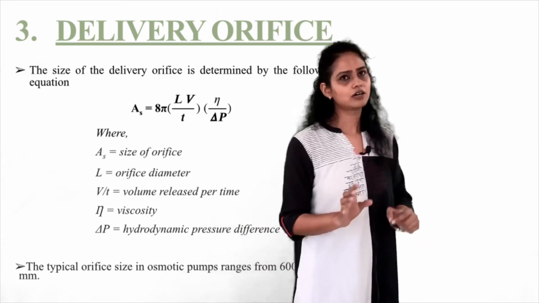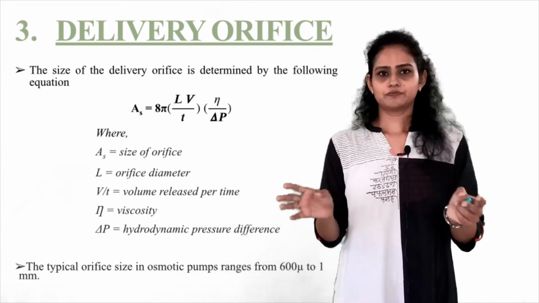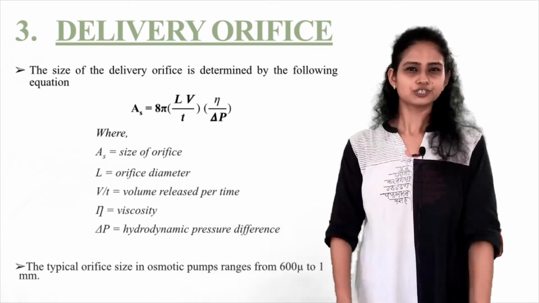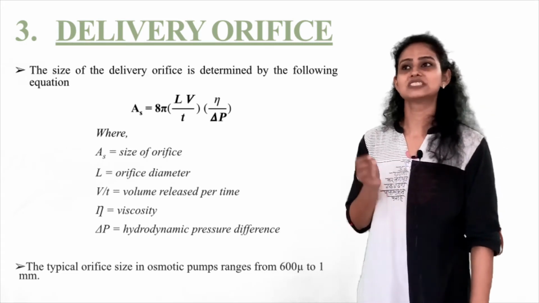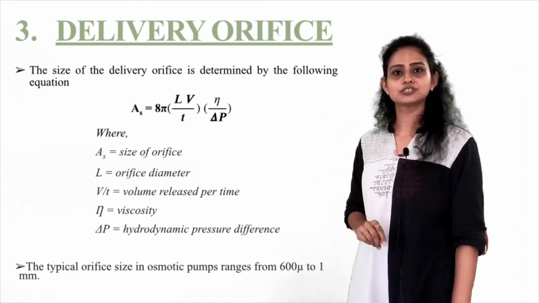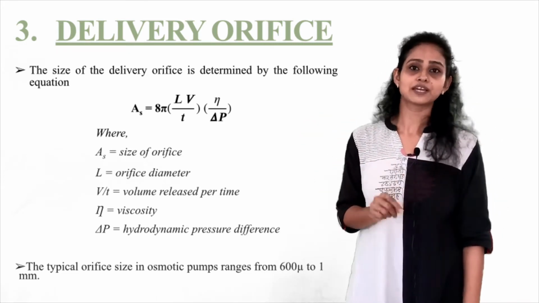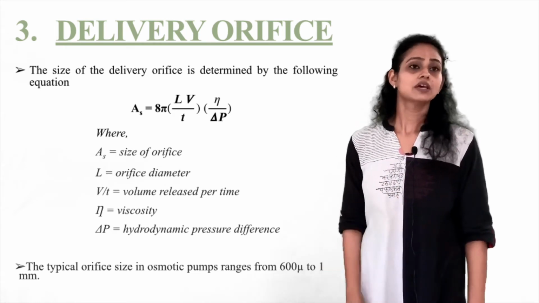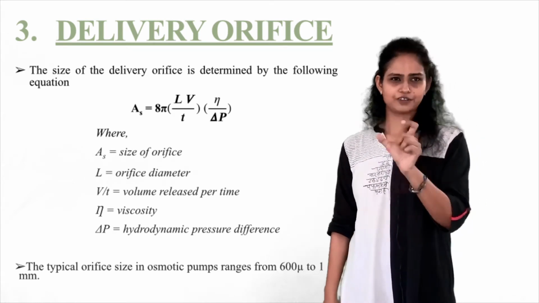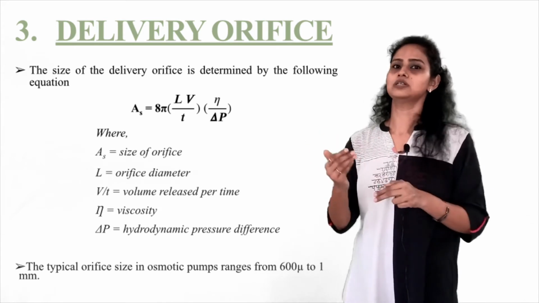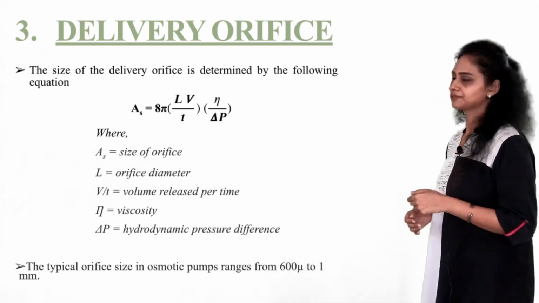If I talk about the general dosage form, in most dosage forms the size of the delivery orifice ranges from 600 microns to 1 mm. This is the general range, and in this range the delivery orifice is normally designed.